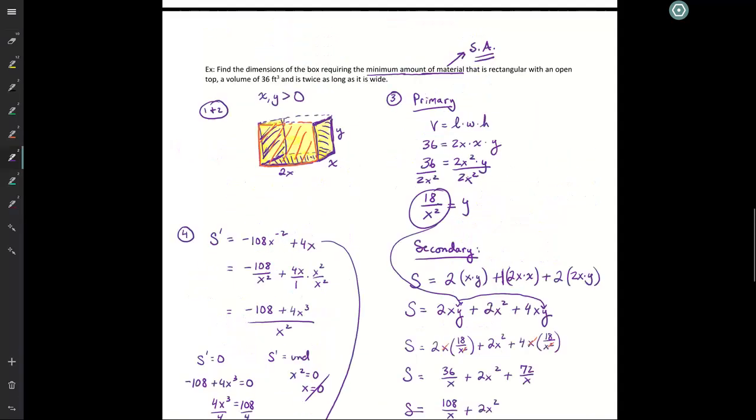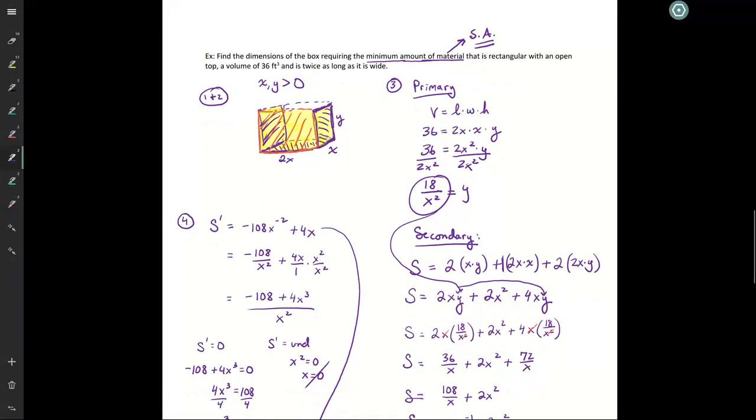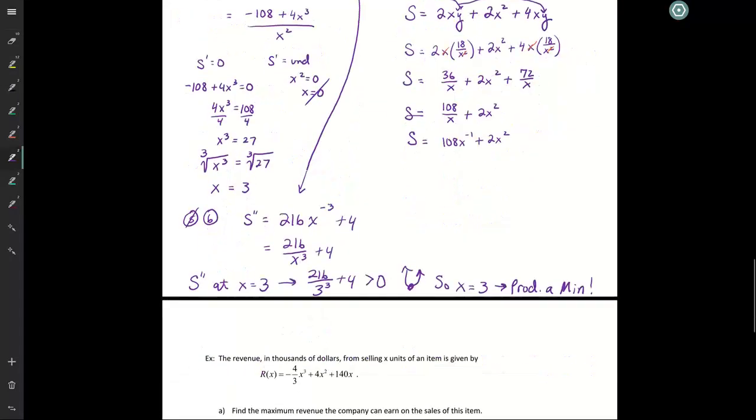And then let's go ahead and give our final answer here. This one, I believe it said it wanted the dimensions of the box. And so here we want a length, a width, and a height as our final answers. So on this particular one, I'm going to come up in here and say, here are your dimensions.